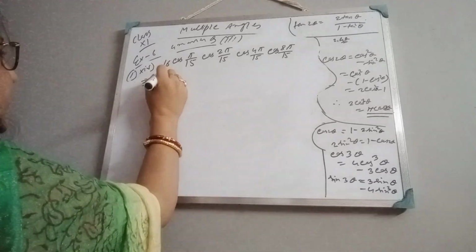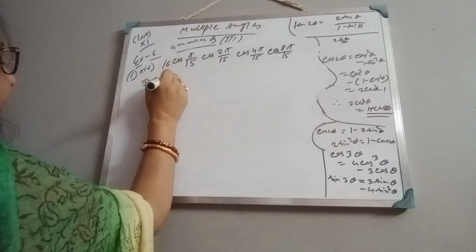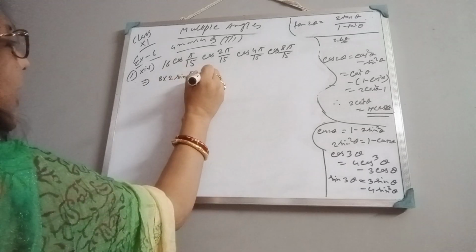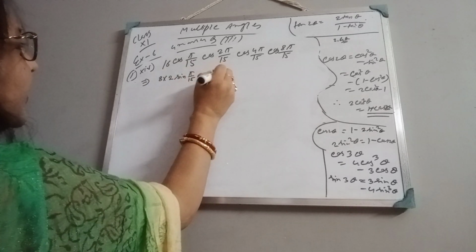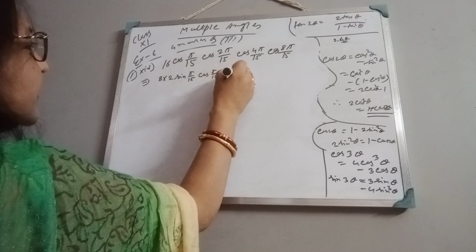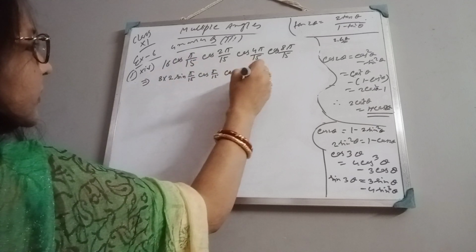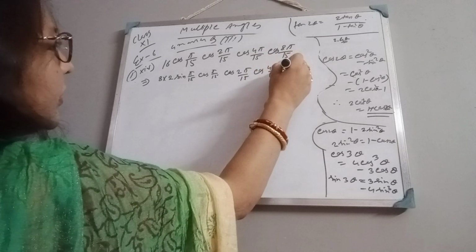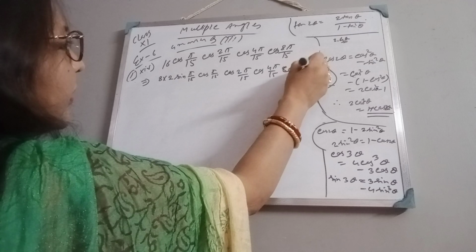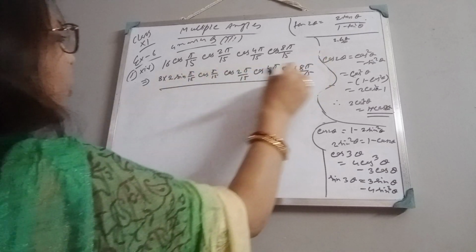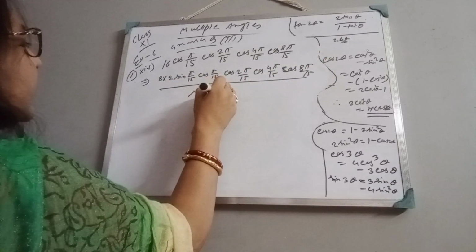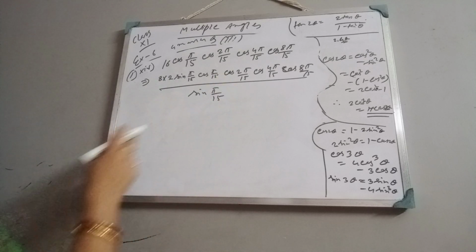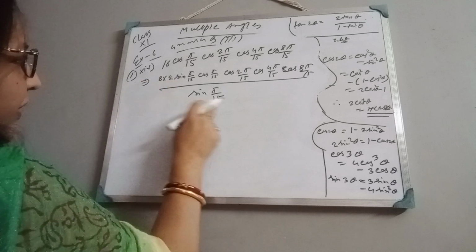And 16 is there, so let us write this as 2 sine pi by 15, and cos pi by 15 is already there, and the others are also there. Cos 4 pi by 15, cos 8 pi by 15, whole divided by sine pi by 15, because we have taken sine pi by 15 here, but sine pi by 15 is not there, so we have to divide.